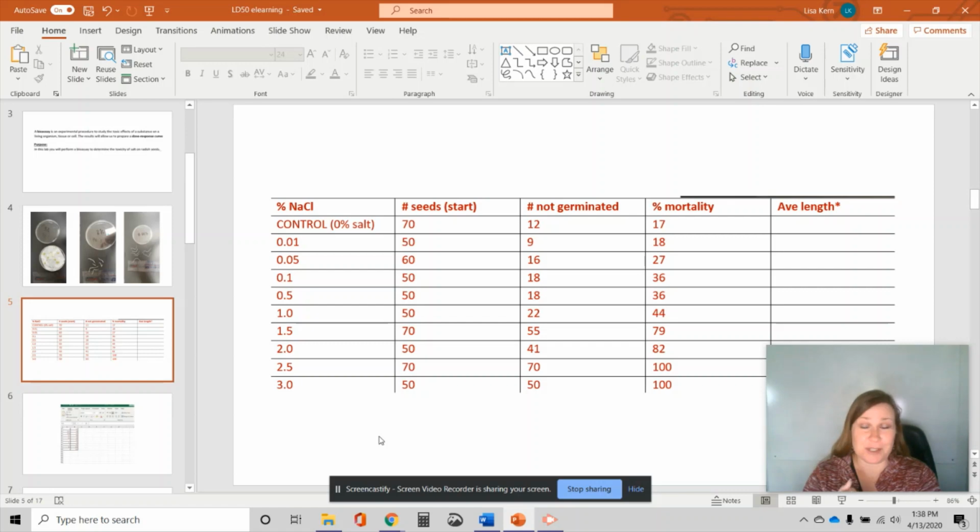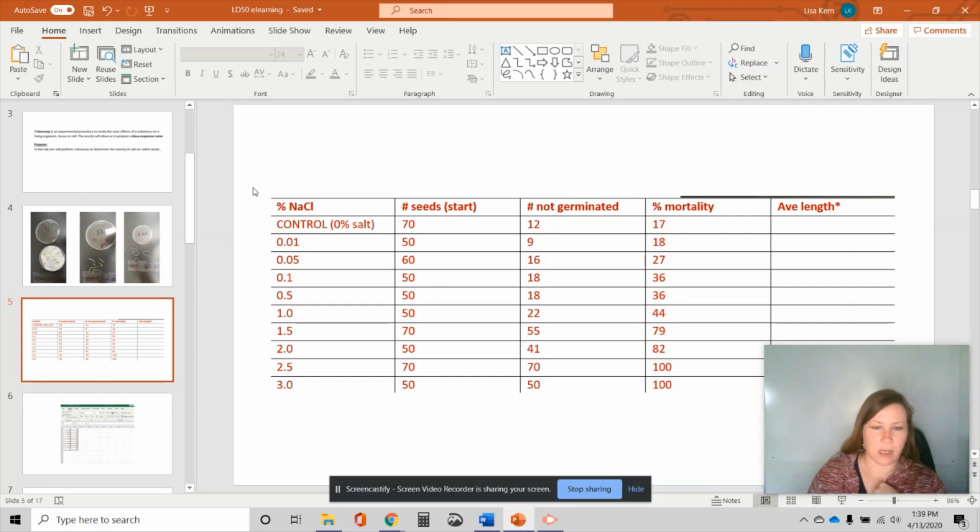We did not measure every single radical to see the length, so we don't have that data here, and I think that's okay. So you can see that our concentrations here are increasing. Remember, when you're writing about experimental design, having that increasing concentration is really very helpful.